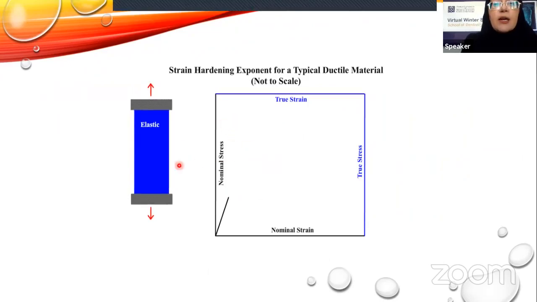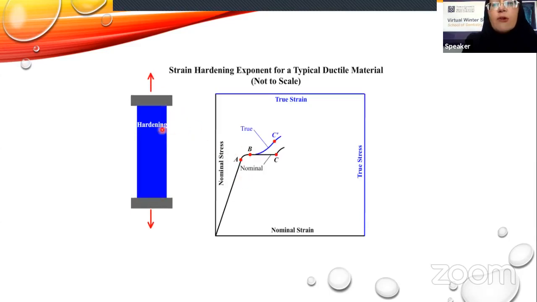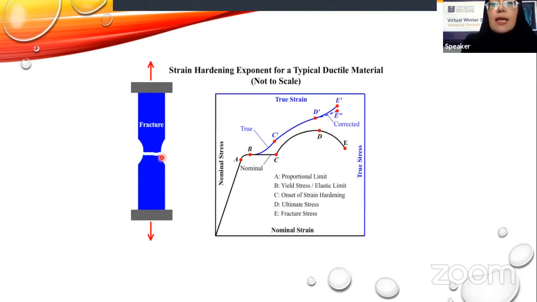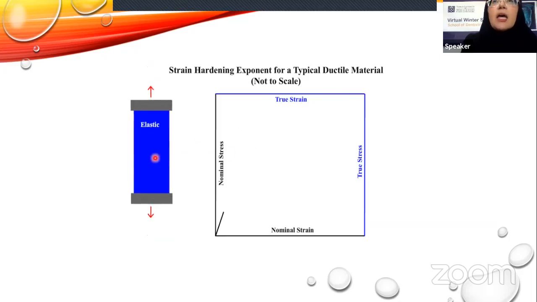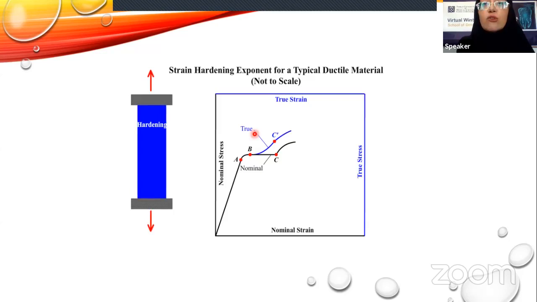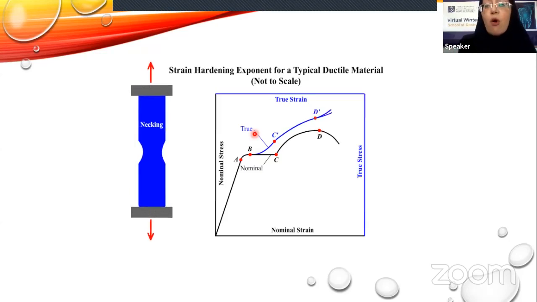But in this figure, you can see this material subjected to tensile forces that pass the elastic limit and go to the plastic region, necking happens, and after that the fracture happens. So we have to consider that they don't pass the ultimate strength of the material, because passing the ultimate strength means that this material is going to the fracture point.